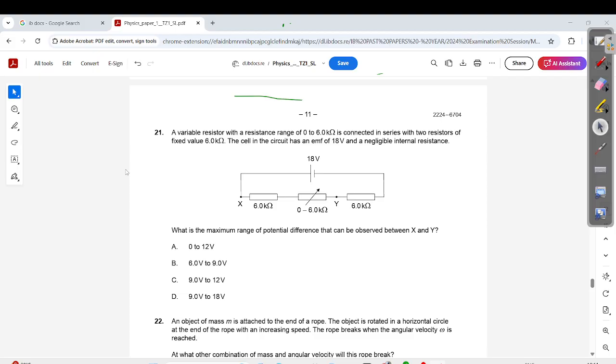So, two fixed resistances of 6 kilo ohm, and the variable resistance is 0 to 6 kilo ohm.